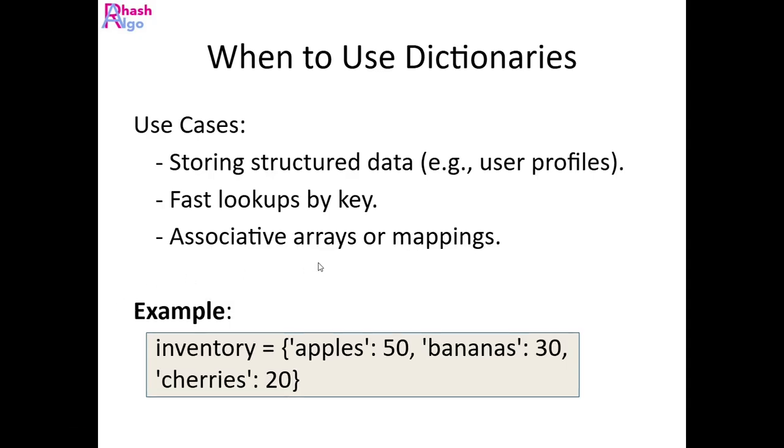Let's assume you have structured data, for example user profiles, or maybe you want to look up something by a key, or you want to check some value or some key which is present in a specific category of data, or maybe associative arrays or mappings. In all these cases we can use dictionaries.